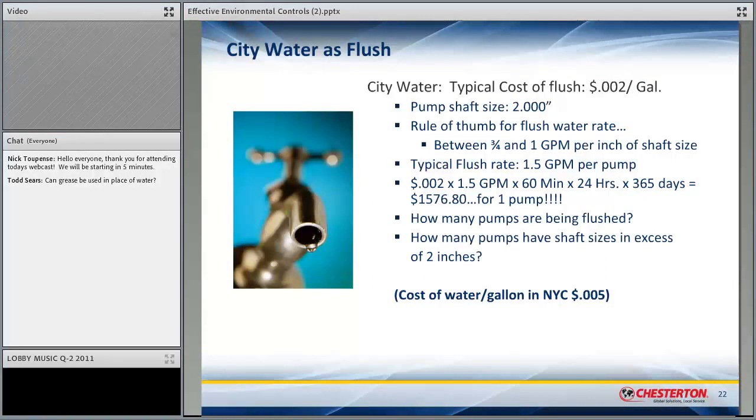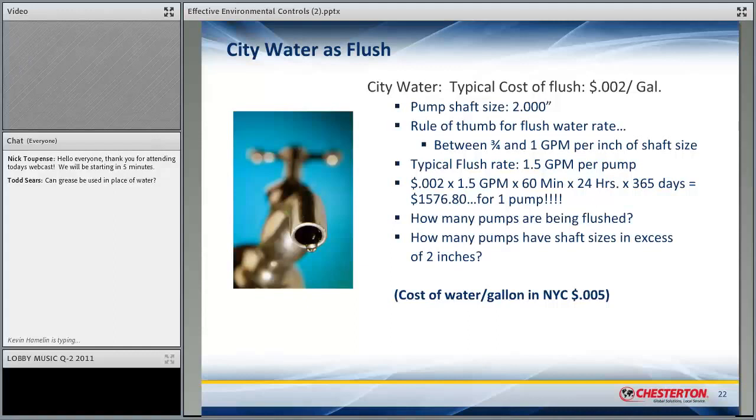But the issue associated with using city water as a flush is the cost. A typical cost for flush is about $0.002 per gallon. If we use a pump with a shaft size of about 2 inches, there's a rule of thumb used throughout the industry for flush water rate.